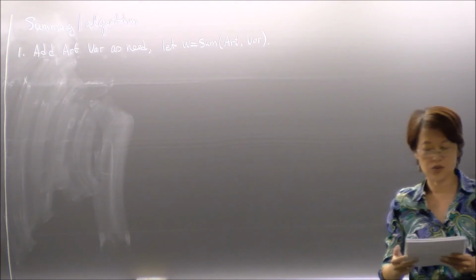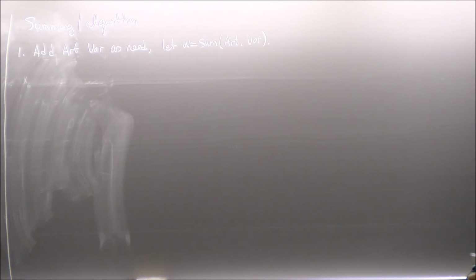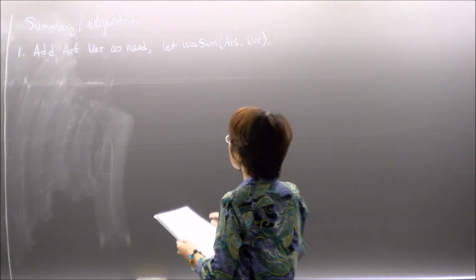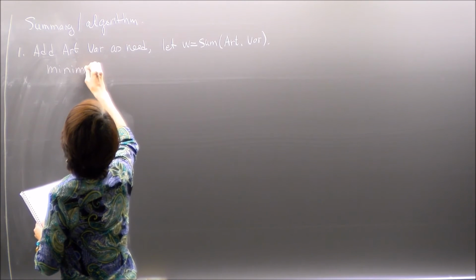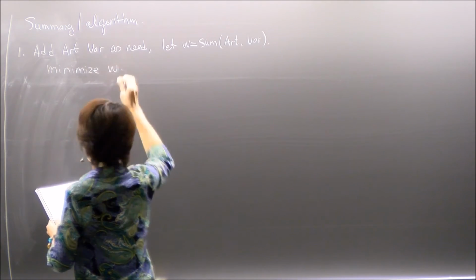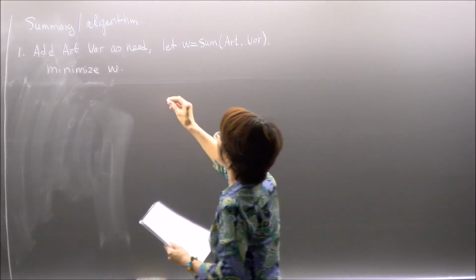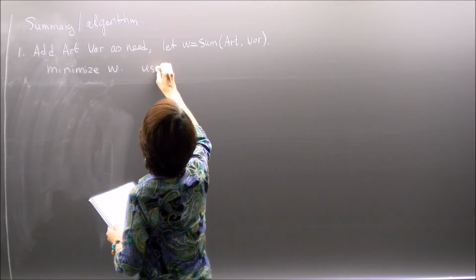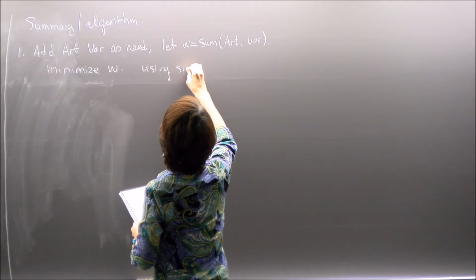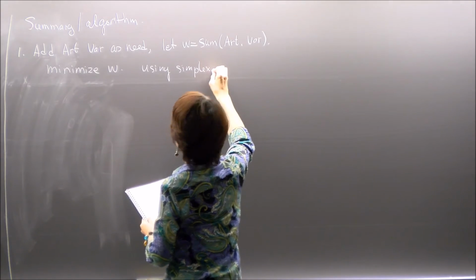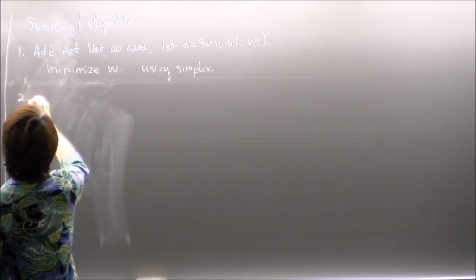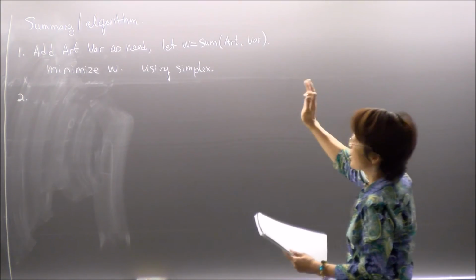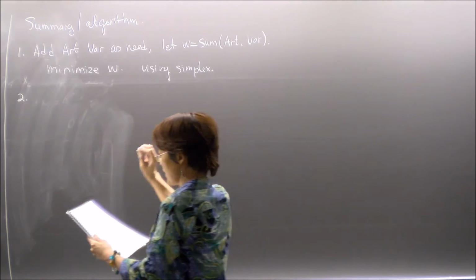And you write out the correct equation for W, to initiate stage 1, okay? So minimize W with the simplex. Right. And then all of this is still in stage 1.